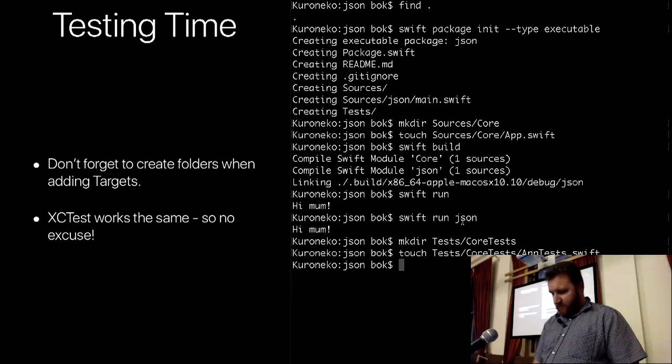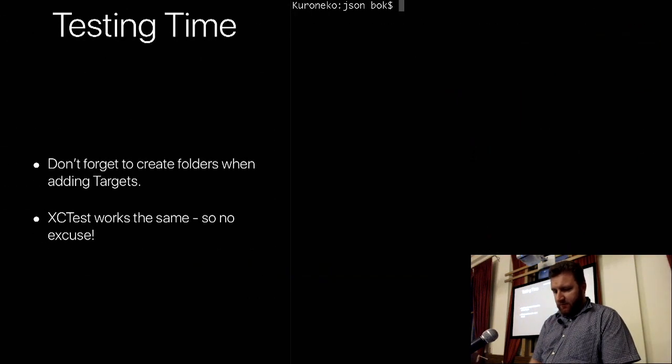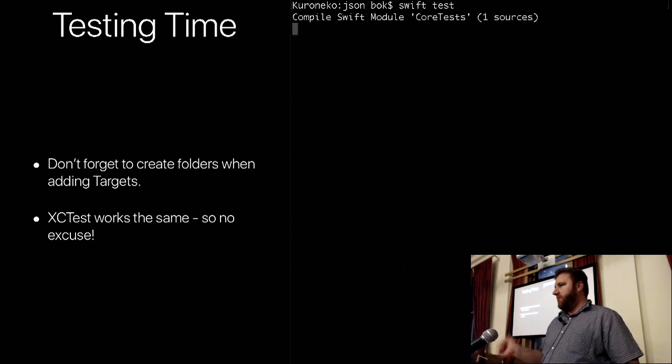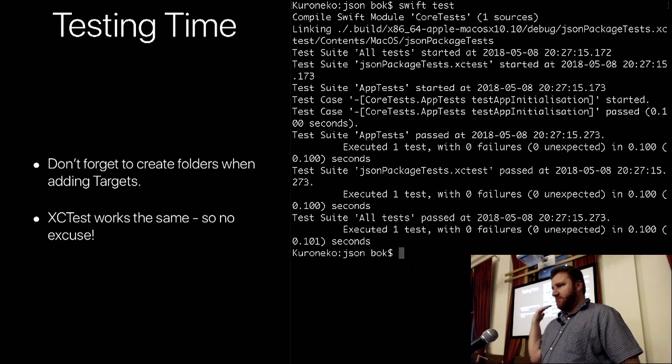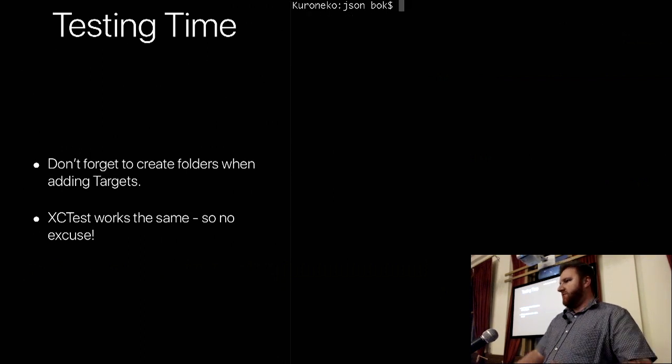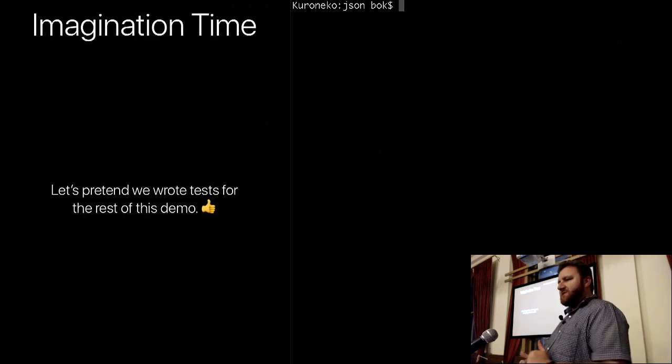So next command is, and I'm going to clear that so we have some more room, it's just swift test. It should go through, compile all the changes we just made, execute our test suite, same as the output you'd see in Xcode. But a lot of this gets repetitive really fast. So the standard, oh wait, before that, we're going to use our imagination for a while and pretend that the rest of this is nicely tested, because I'm really not going to spend the time to write the test for you.